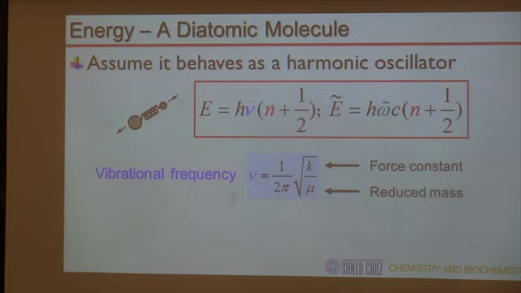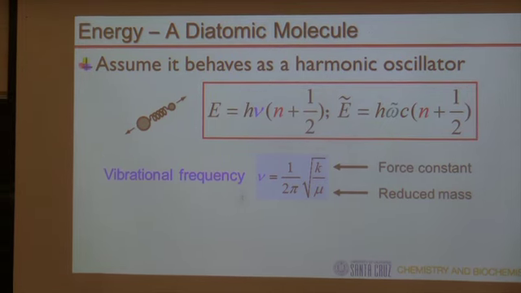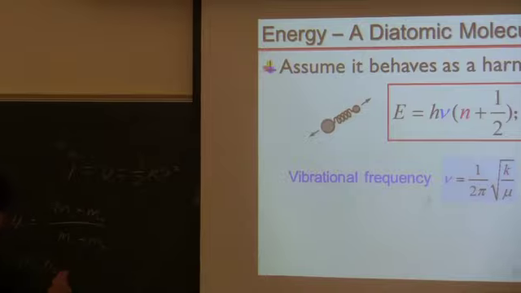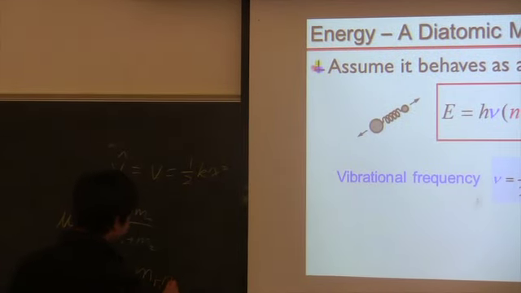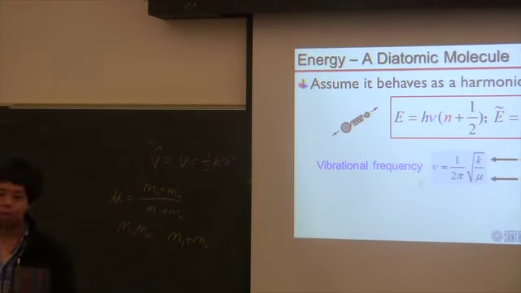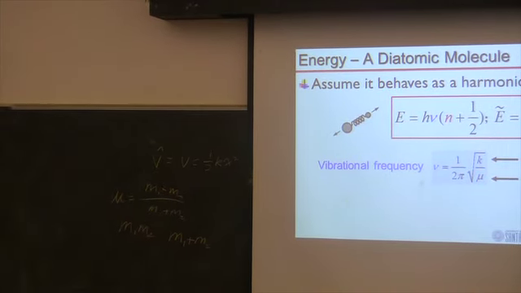Sometimes, trust me, you're pretty nervous in the exam and you forget which one is on the top and which one is on the bottom. So how can you determine? Let's say you just remember one is M1 times M2, another one is M1 plus M2. But which one should I put on the top?